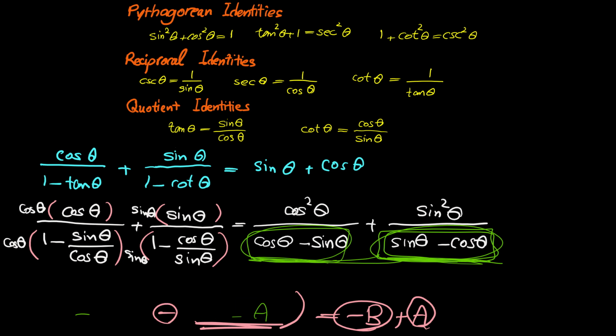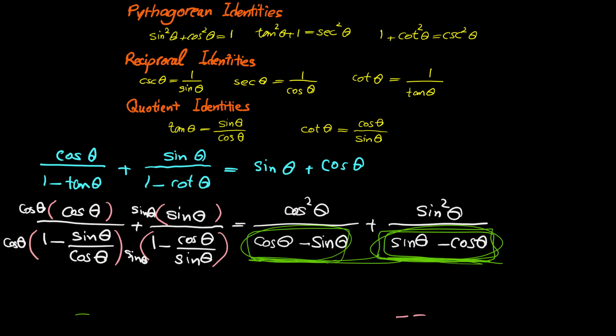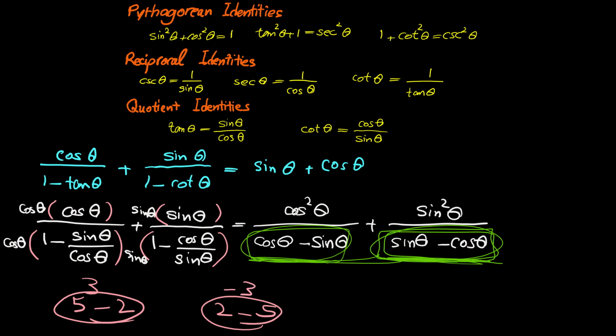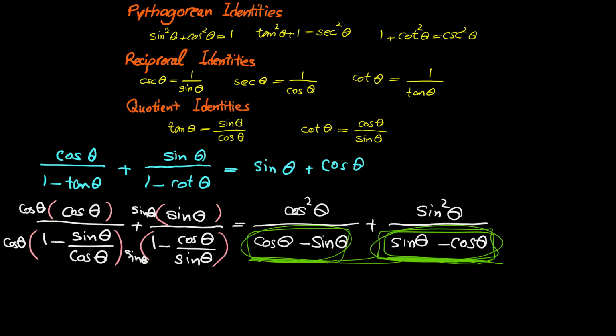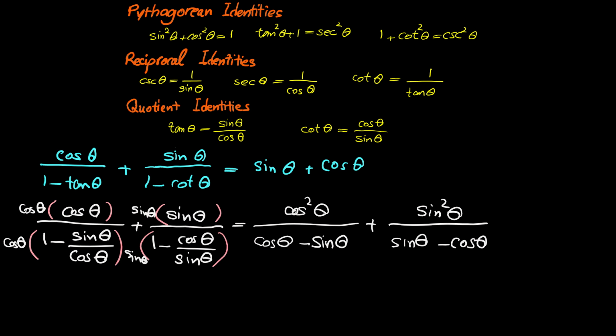And you can check this by numbers also. For example, suppose we have 5 minus 2 and 2 minus 5. This equals 3, this equals negative 3. What is the relation? They are negative of each other. So, actually, these denominators are the same, but negative of each other. Not exactly the same, negative of each other.